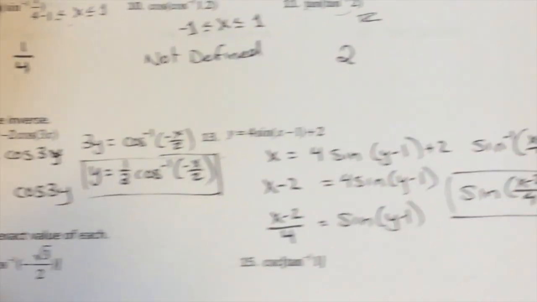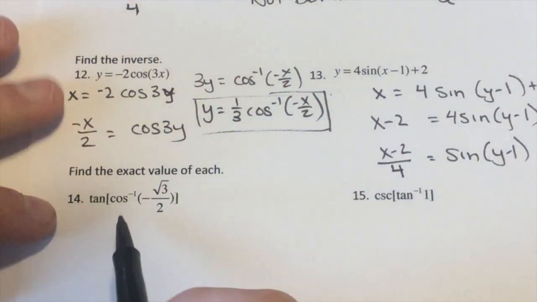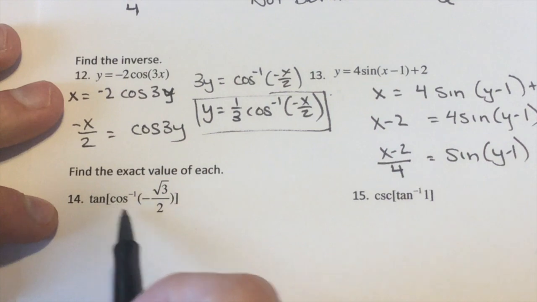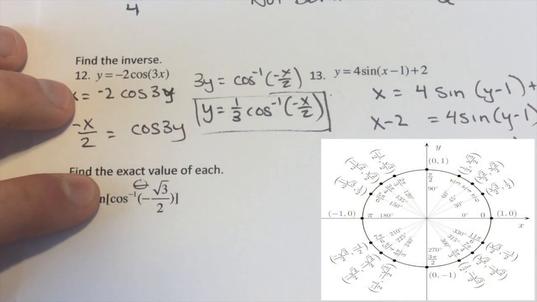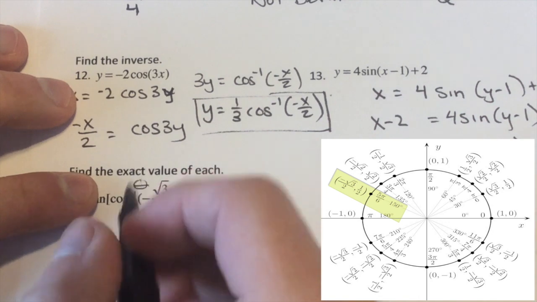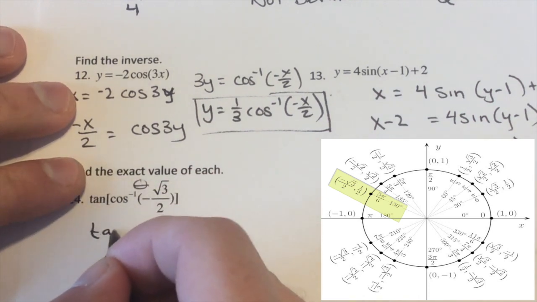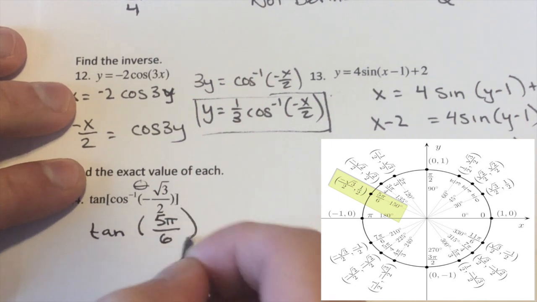Last bits. Find the exact value of each. So I want to first locate my angle here, because inverse cosine is an angle question. So what angle is cosine negative root 3 over 2? Well, we've come to this problem a couple times so far. So this is really saying, what is the tangent of 5 pi over 6?